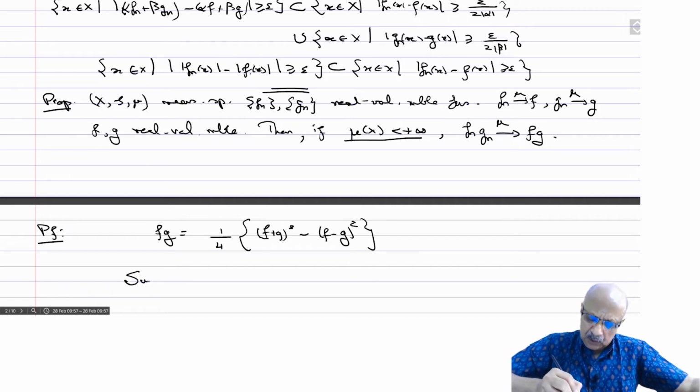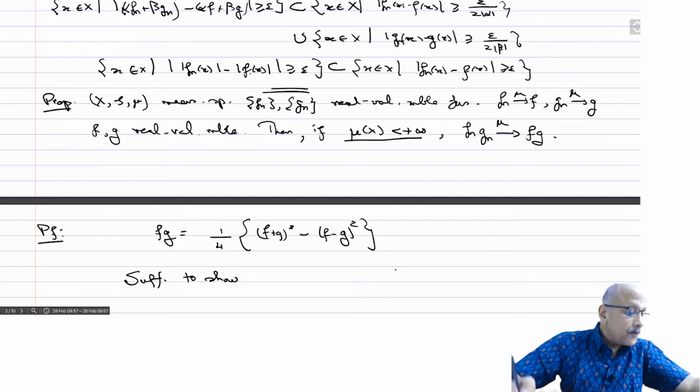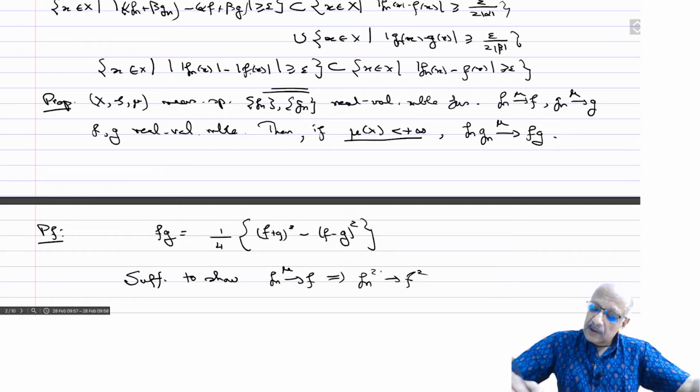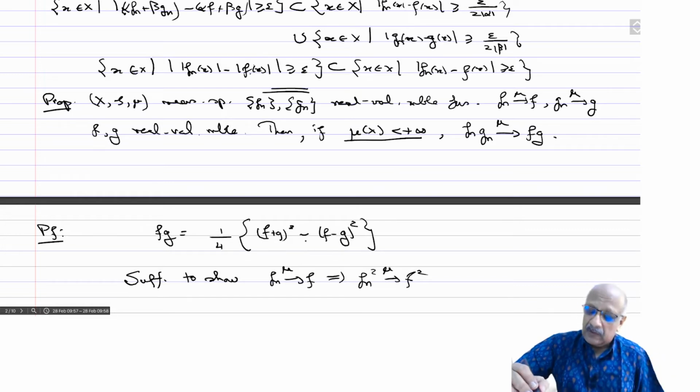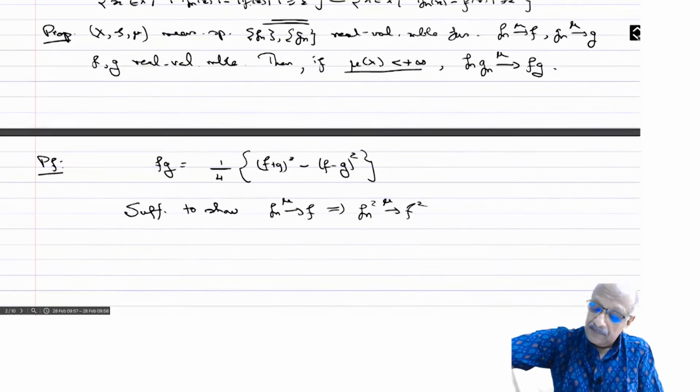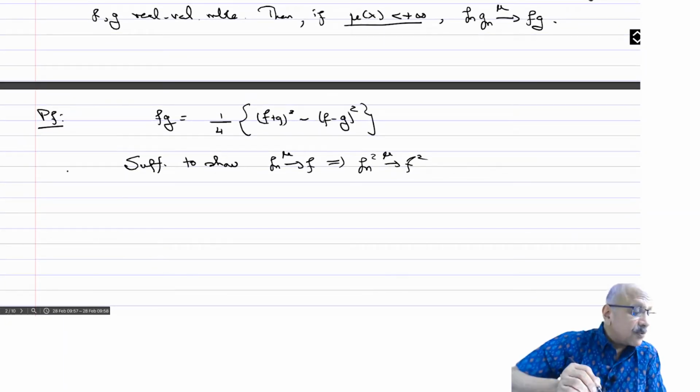So it is sufficient to show that f_n converges to f in measure implies f_n square converges to f square in measure. Then (f_n plus g_n) square will go to (f plus g) square in measure, (f_n minus g_n) square will go to (f minus g) square in measure, and then multiplication by 1 by 4 is also no problem, and therefore we will have completed the proof of this theorem.